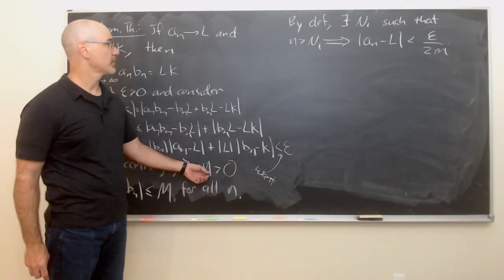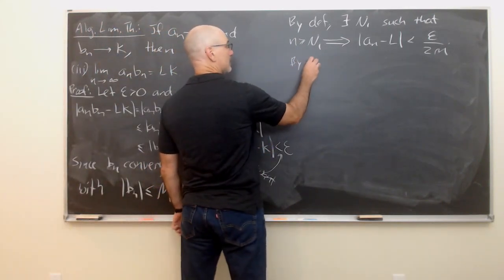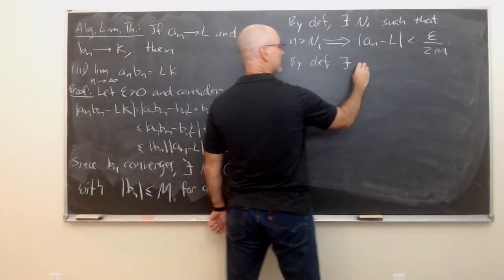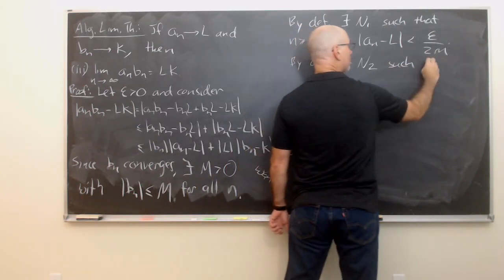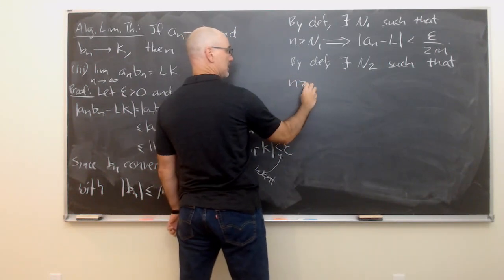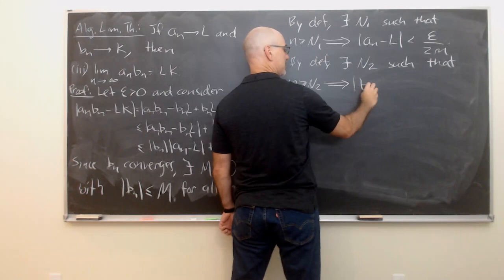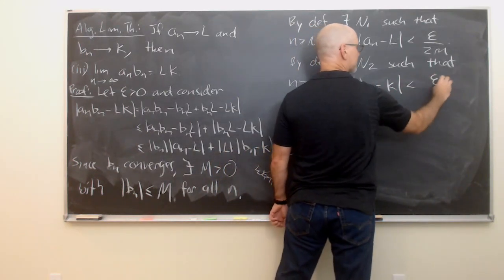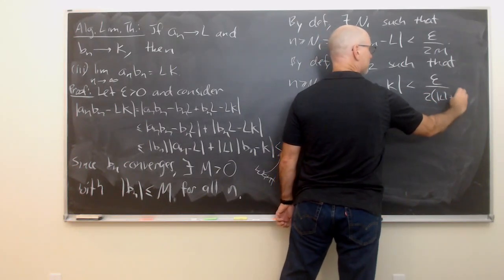The 2M is okay. Also, by definition, because the Bn's converge, there's an N2 such that n larger than N2 makes Bn within epsilon over 2 times the quantity absolute L plus 1.